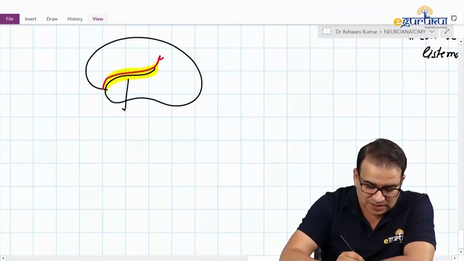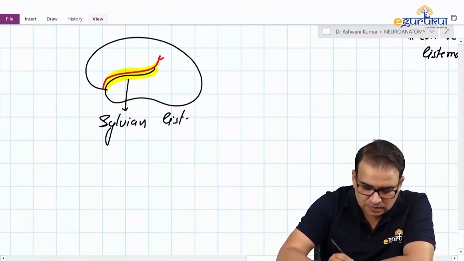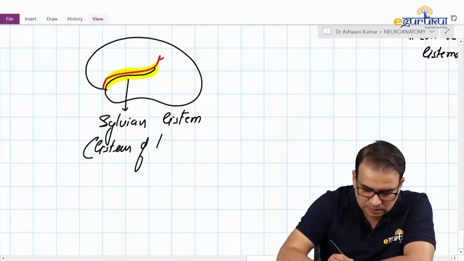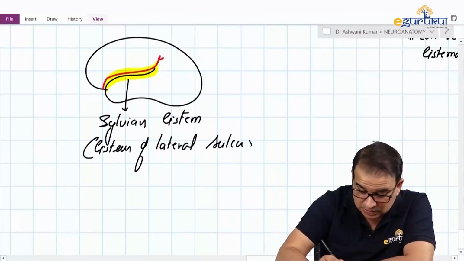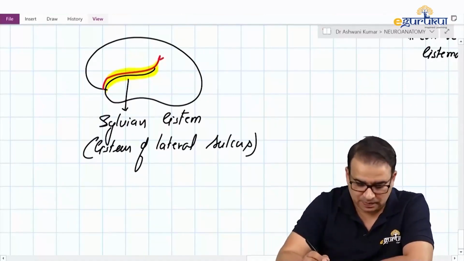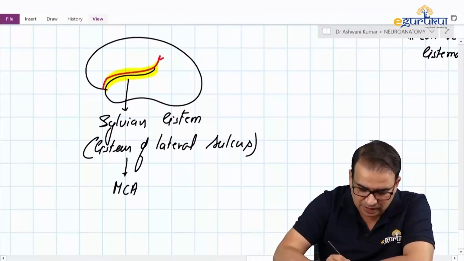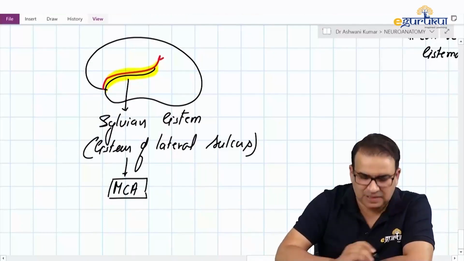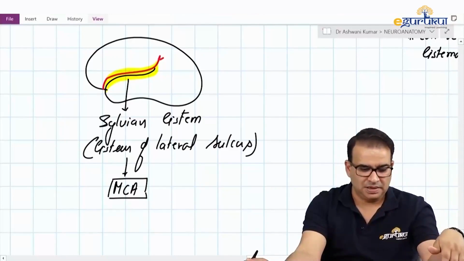So guys, the cistern that you see along the Sylvian sulcus is called the Sylvian cistern, or also called the cistern of lateral sulcus. And yes, the content will be what? The middle cerebral artery is the content there.